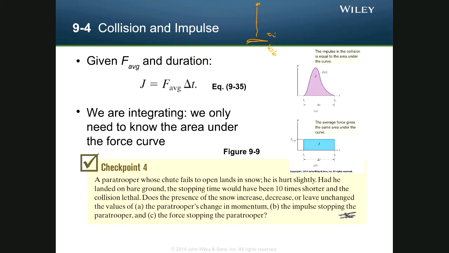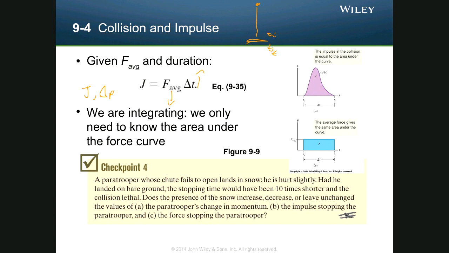And what we found is that in the collision, J and delta P remain unchanged, but if the collision time increases, the average force has to decrease. That's why if you're falling from a large distance and you can find either trees or snow, you can elongate your collision time.